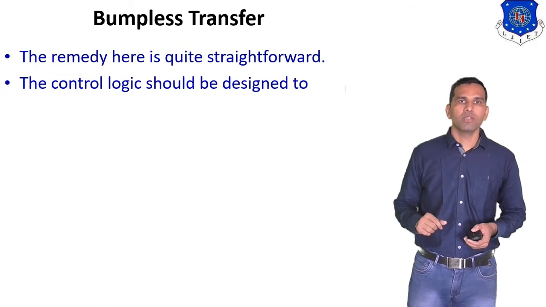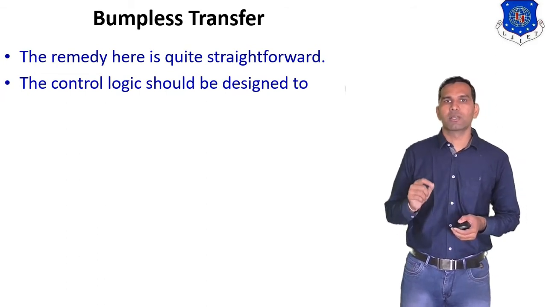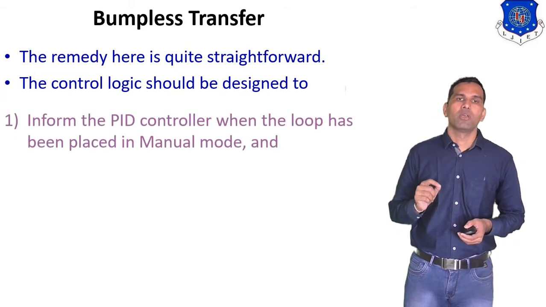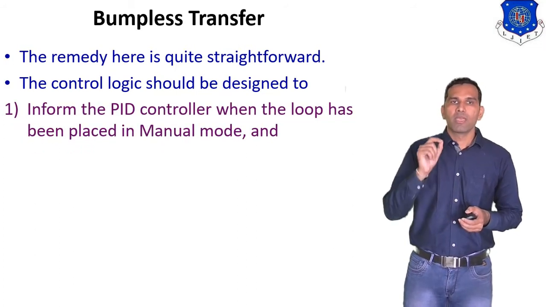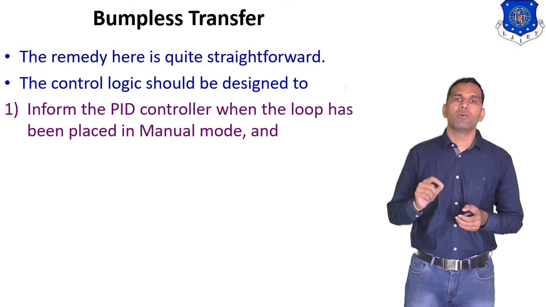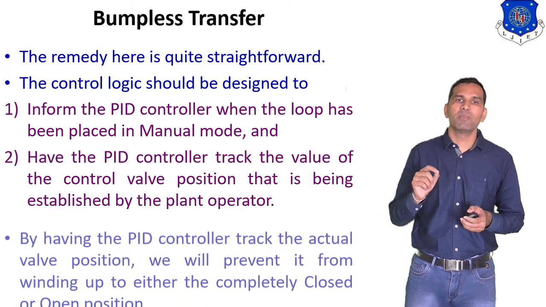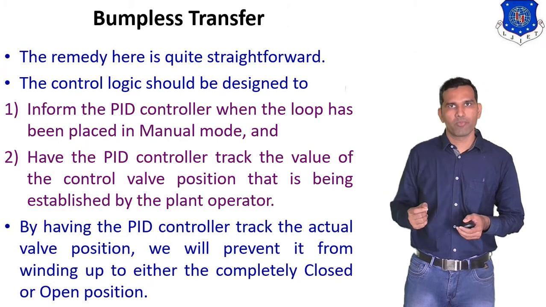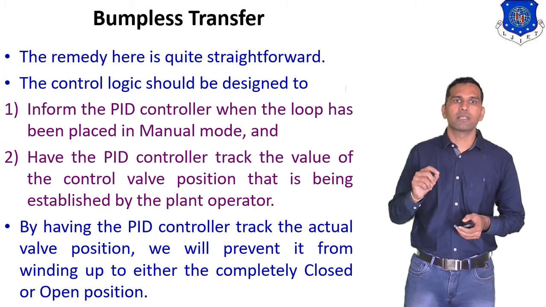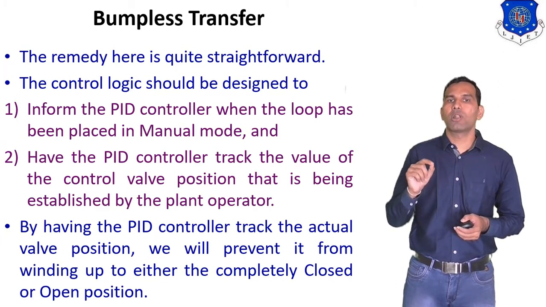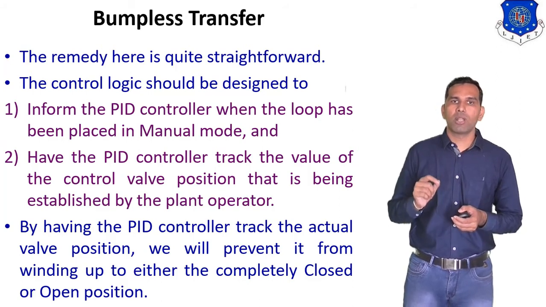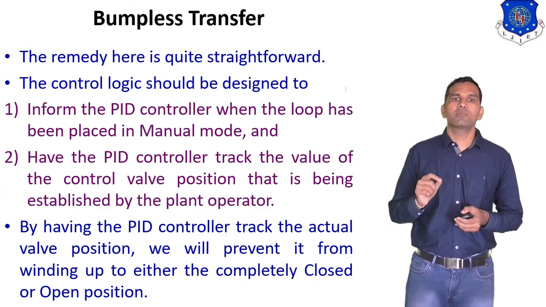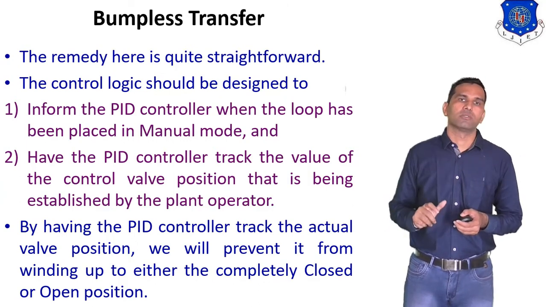The remedy here is quite straightforward. The control logic should be designed to inform the PID controller when the loop has been placed in manual mode, or have the PID controller track the value of the controller valve position that is being established by the plant operator.